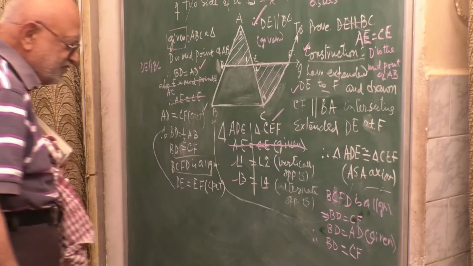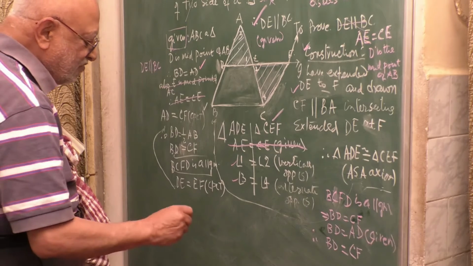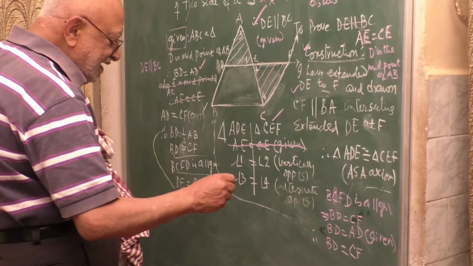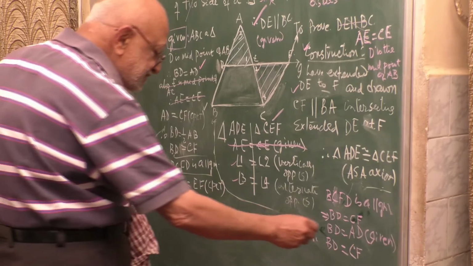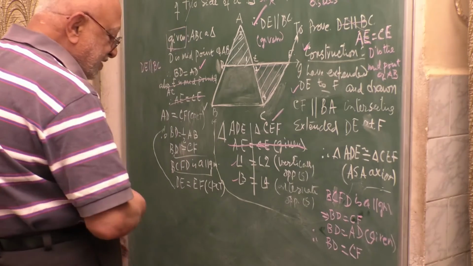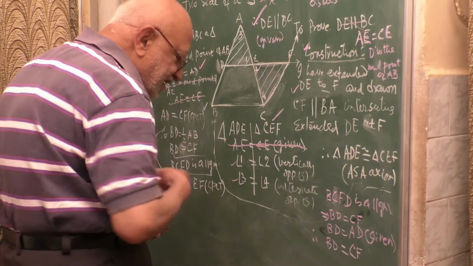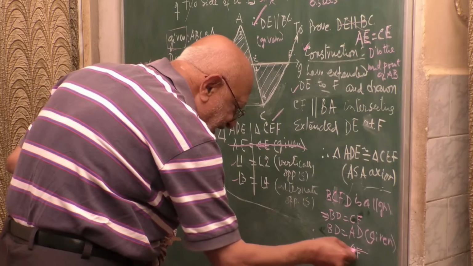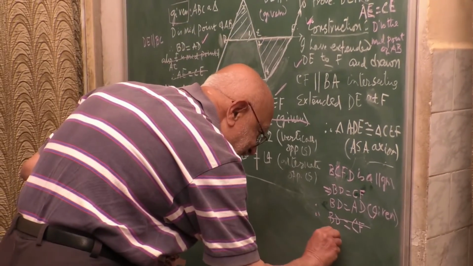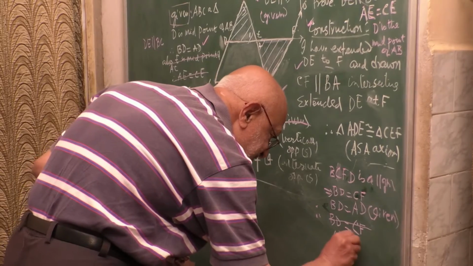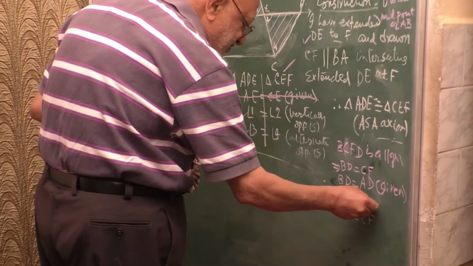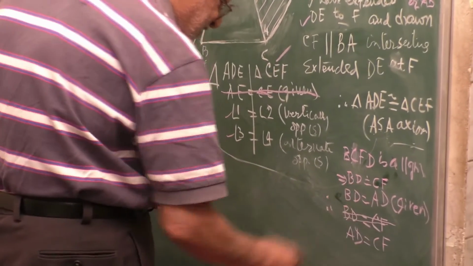So instead of that, what you have now, BD equal to AD, instead of BD equal to CF, it's already given here, so there is no use of writing it again. Therefore here it will be AD equal to CF. It's a repetition of the same thing.